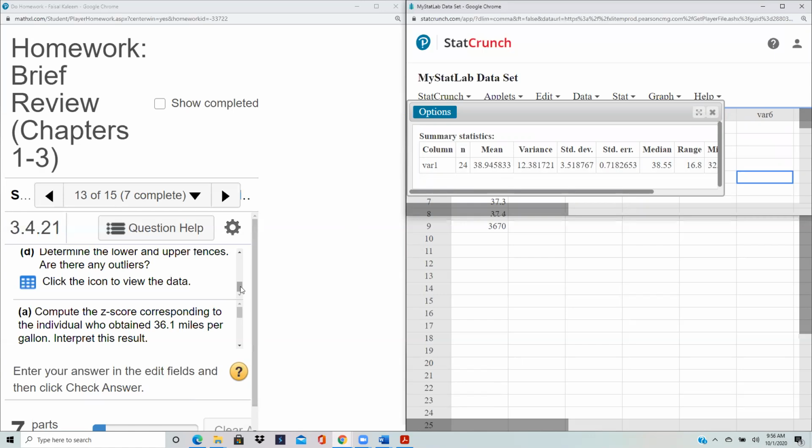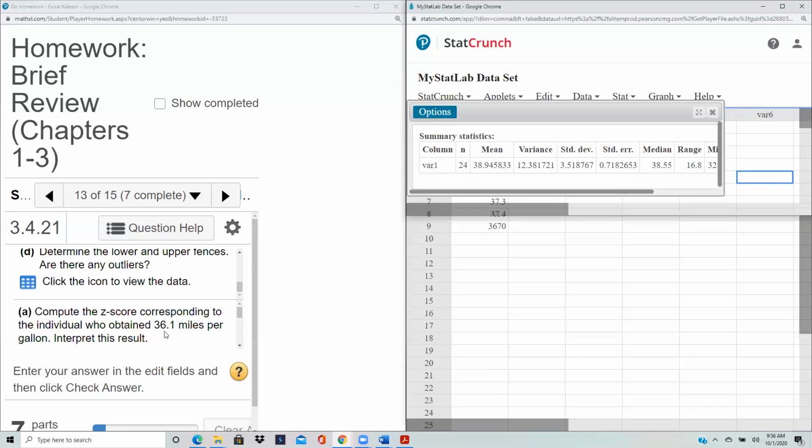So what do we get for this z-score here? How many decimal places would you go for the standard deviation?